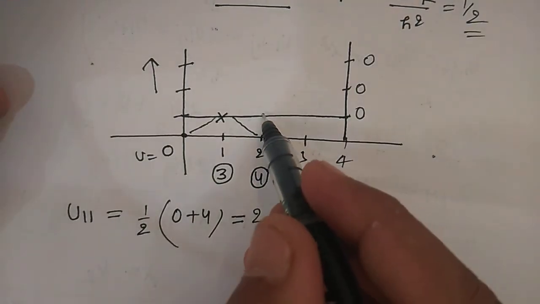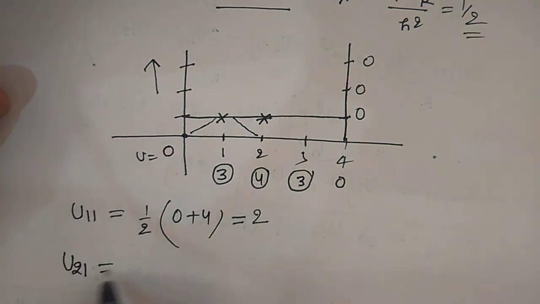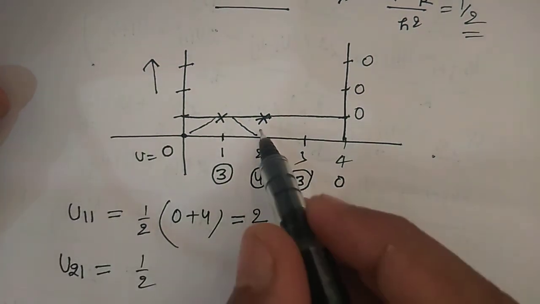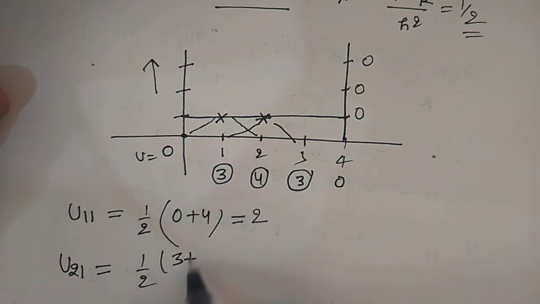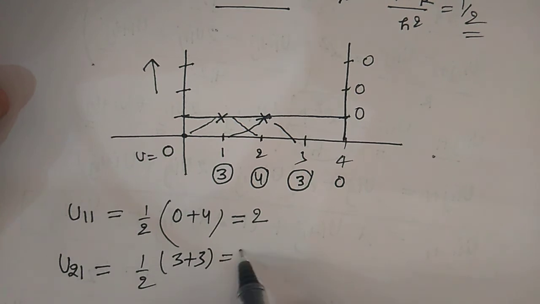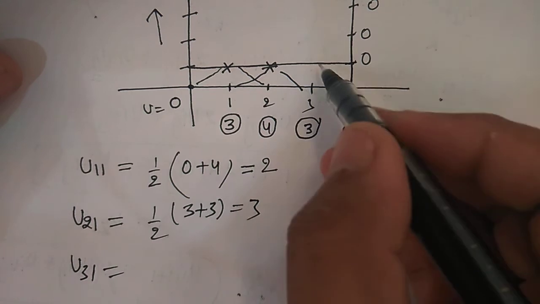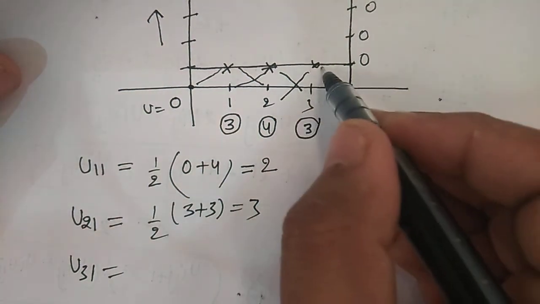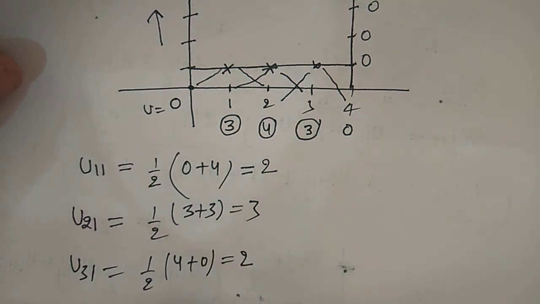Let us take this value, u21, so 1 by 2 again, the average of these two values, 3 plus 3 equal to 3. And u31 equal to this point, the average value of 4 plus 0, so 2.